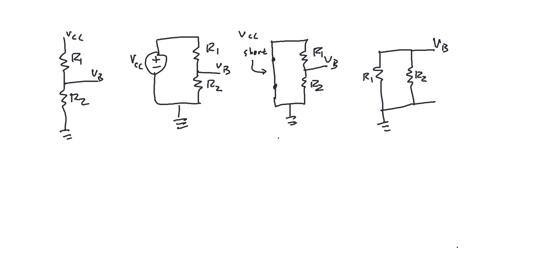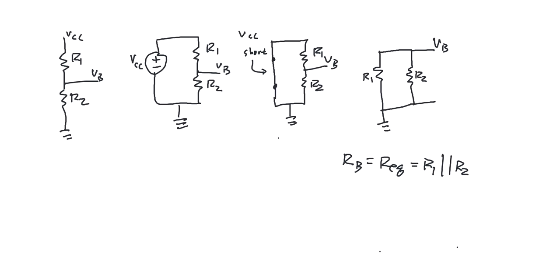With those in parallel, we just know that we could represent those two as a single resistance. RB is equal to the equivalent resistance, which is R1 parallel with R2. So that's easy, I hope. Then we also need this voltage, VB. That voltage there would just be from the voltage divider.